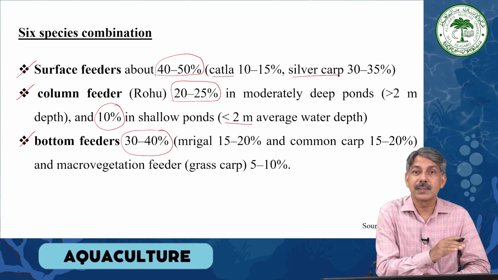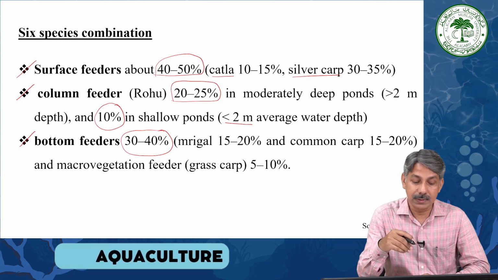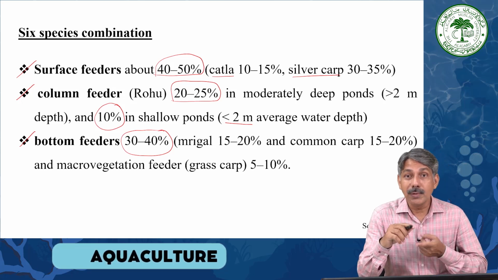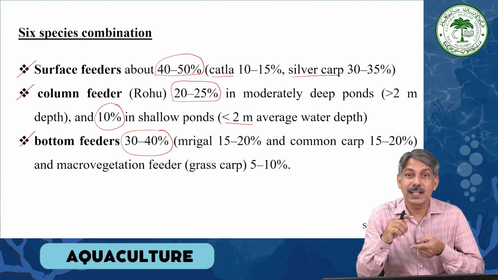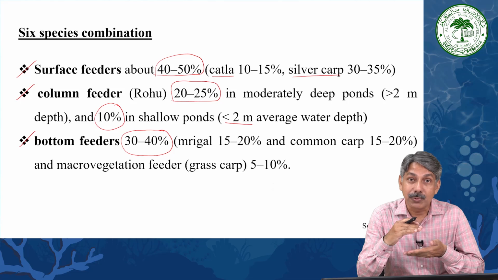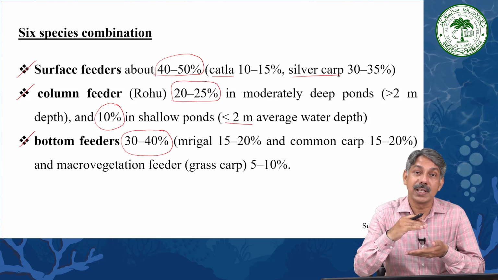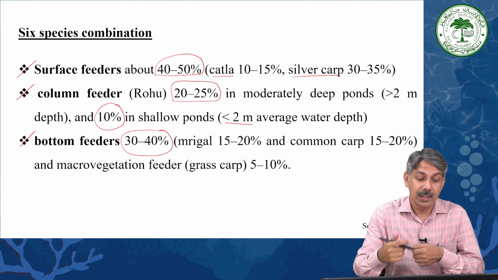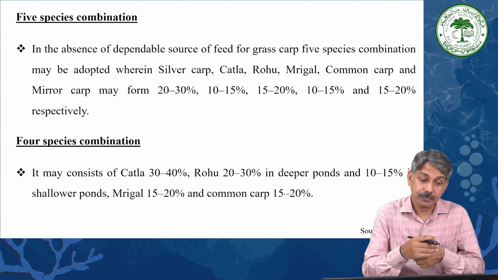Then bottom feeders you can also have in good numbers. But the column, the space between the surface and the bottom, varies according to the average depth of the pond. If depth is more, then column is more. If depth is less, the column is less. So accordingly, the percentage contribution of column feeders is also adjusted.